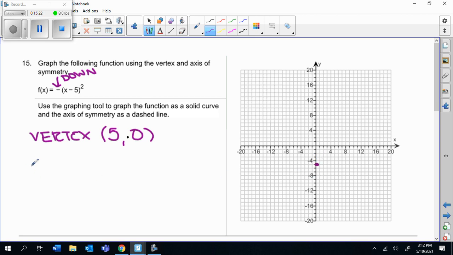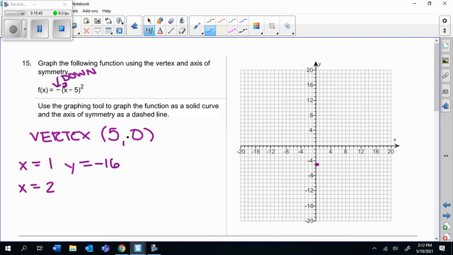And then I'd maybe check x equals 1 or even x equals 2. And let's try to get a y value. If x is 1 minus, oh, it's 16. Oh, it goes, okay. So if x is 1, y is equal to negative 16.